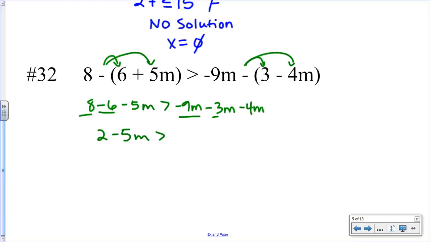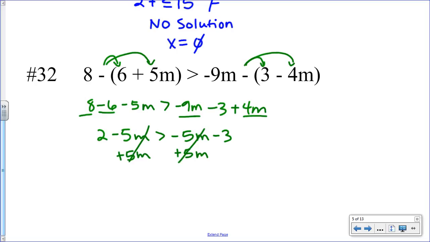On the right, negative 9m and negative 3m are like terms. Oh, but it should be plus 4m, thank you. I wrote that. Okay. Negative 3 plus 4m. So it's the negative 9m and the 4m that are like terms. Thank you. Negative 5m. I want to add 5m to the left.